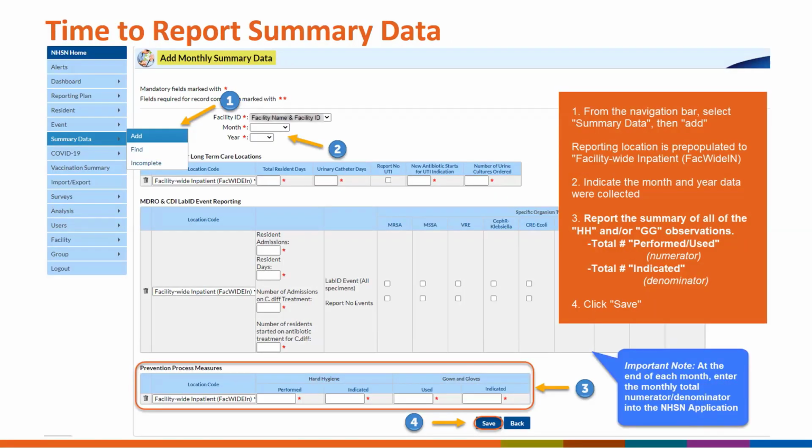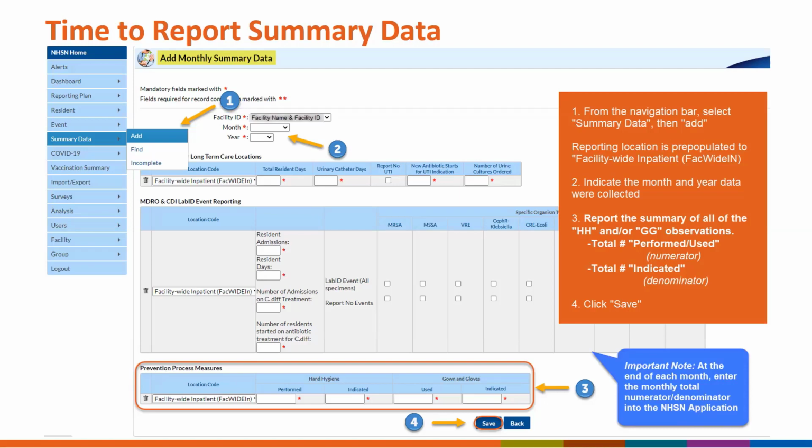For every month in which a monthly reporting plan is set up, facilities must also report denominator data into the application, also referred to as summary data. This must be done even if the facility did not identify and report events during that month. When reporting summary data, please note only aggregate data is entered into the NHSN application.